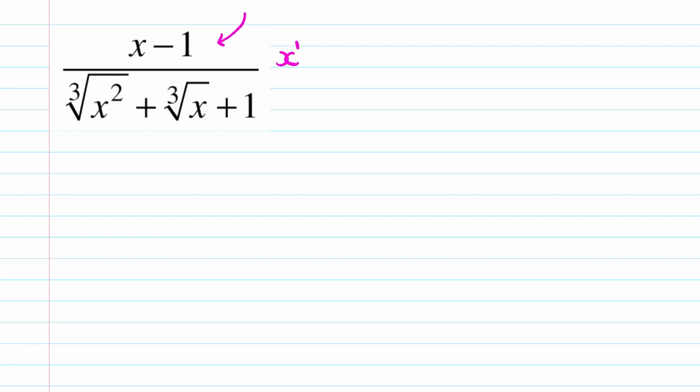So x to the power of 1 is actually a cube, because you can say x to the power of a third times x to the power of a third times x to the power of a third, okay? And that will give you x to the power of 1.